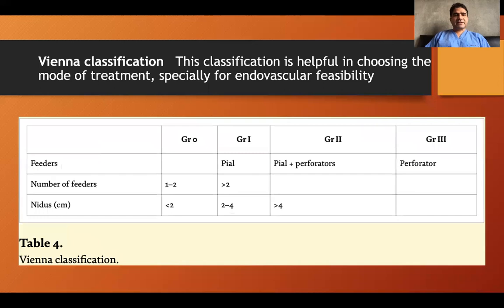Another is the Vnа classification, and this classification is helpful in choosing the mode of treatment, especially for endovascular feasibility. It has similar things to Spetzler-Martin grading, from grade 0 to grade 1, grade 2, grade 3, and is usually helpful in endovascular treatment.